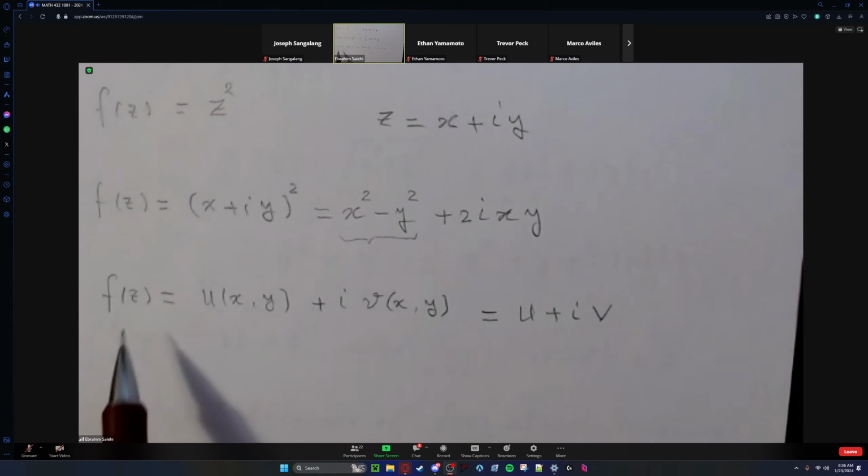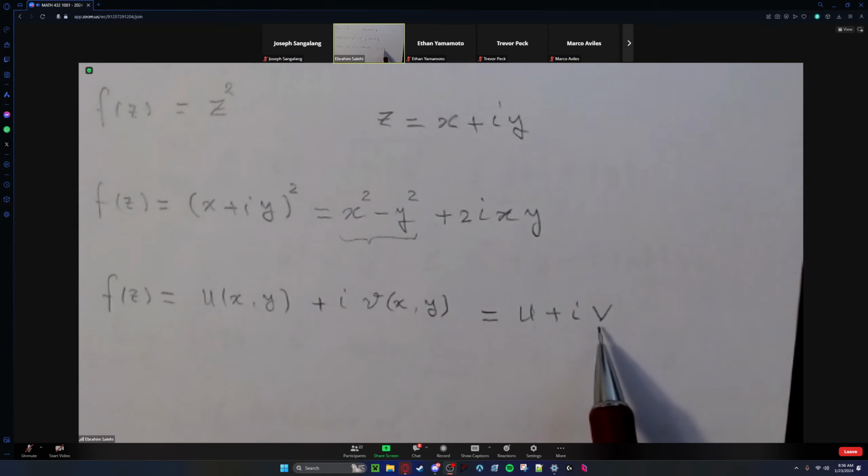When I write this function in this fashion, a lot of good things will happen. One of the good things is about taking limit of this function. The other one is talking about the continuity of the function.